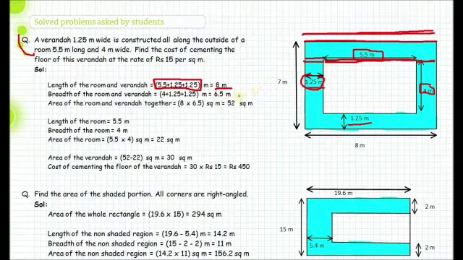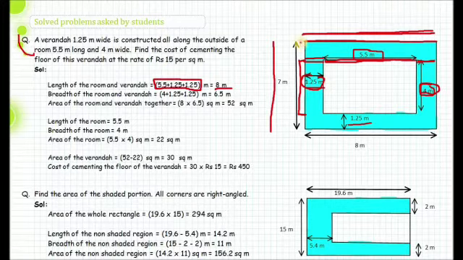After that, breadth of the room and veranda. Now let us find out the breadth, that means this side. This portion is 4 meter, and this section was 1.25 meter, and this section was also 1.25 meter. So altogether it is 4 plus 1.25 plus 1.25, which is 6.5 meter.